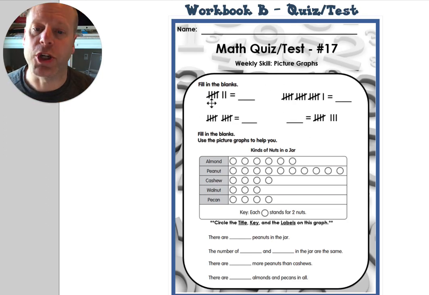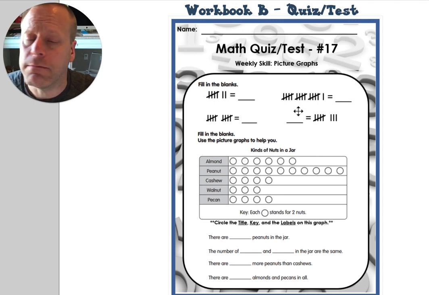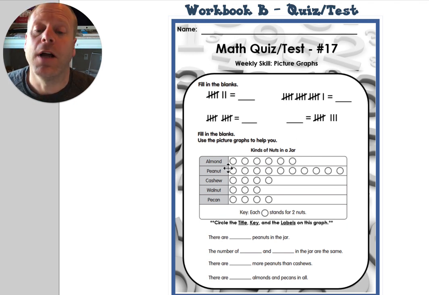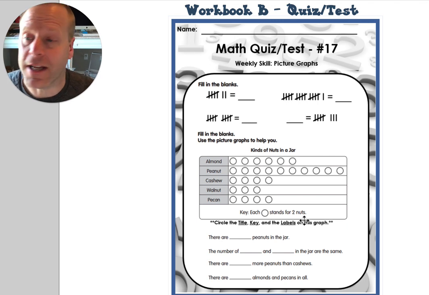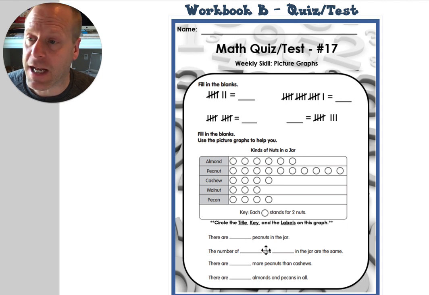Here, you're going to show what you know about tallies up at the top. Can you count them? Here, we have a graph that's already made. If I were you, I would look at the title, I would look at the categories and pay attention to the key, wink, wink. It even says circle them for big points. And then you're going to answer questions. There are blank peanuts.